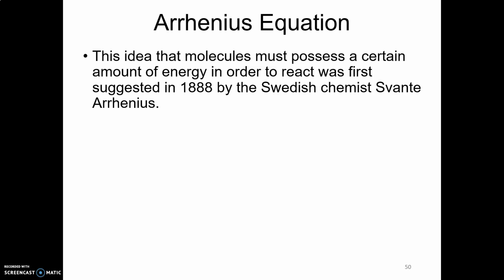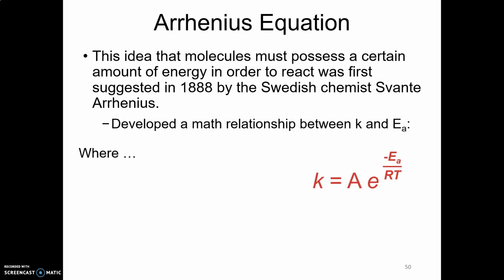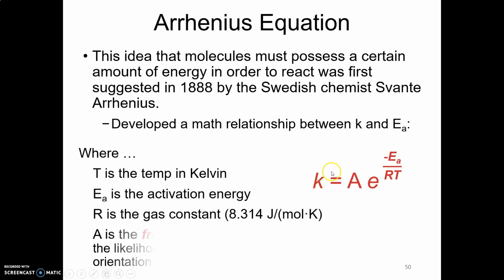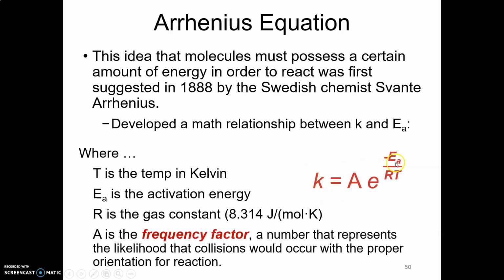He's the guy who developed the first acid-base theory, that acids increase the concentration of protons in water, bases increase the concentration of hydroxide ions in water. This is that guy. He actually had several really cool discoveries, but he helped us develop this relationship right here, which you do not have to memorize. But we see how k, the rate constant, relates to Ea, the activation energy.